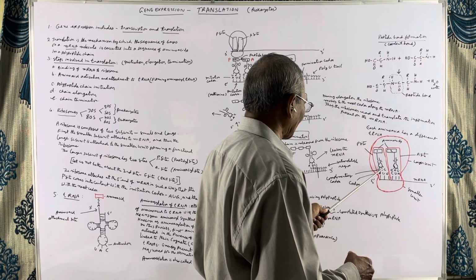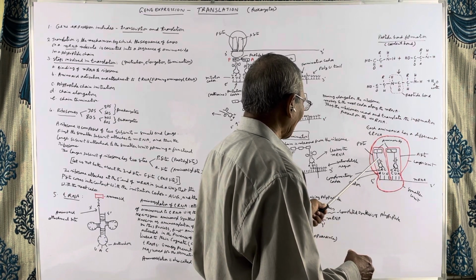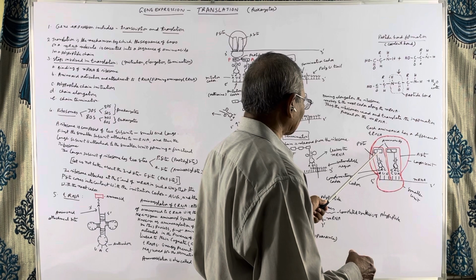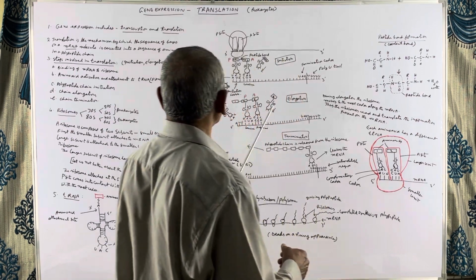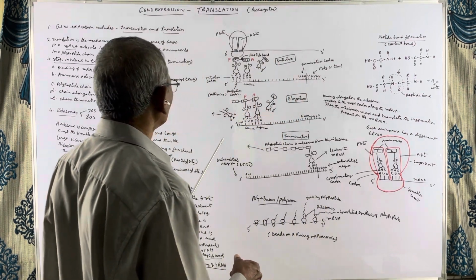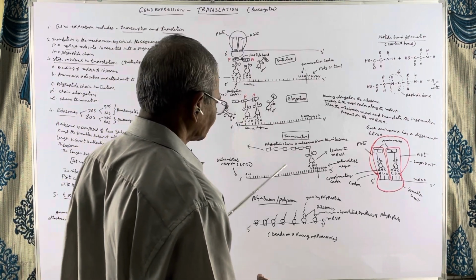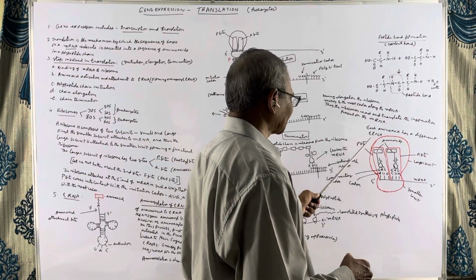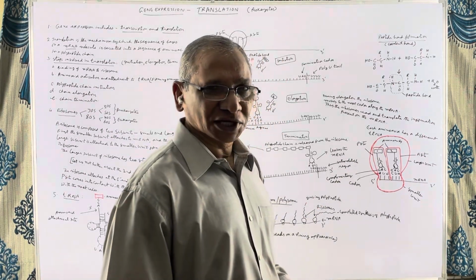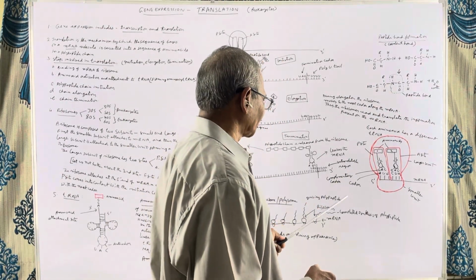So this tRNA attaches here. It has an amino acid attached to this end. This amino acid is methionine. So always the first amino acid incorporated into protein synthesis is methionine.